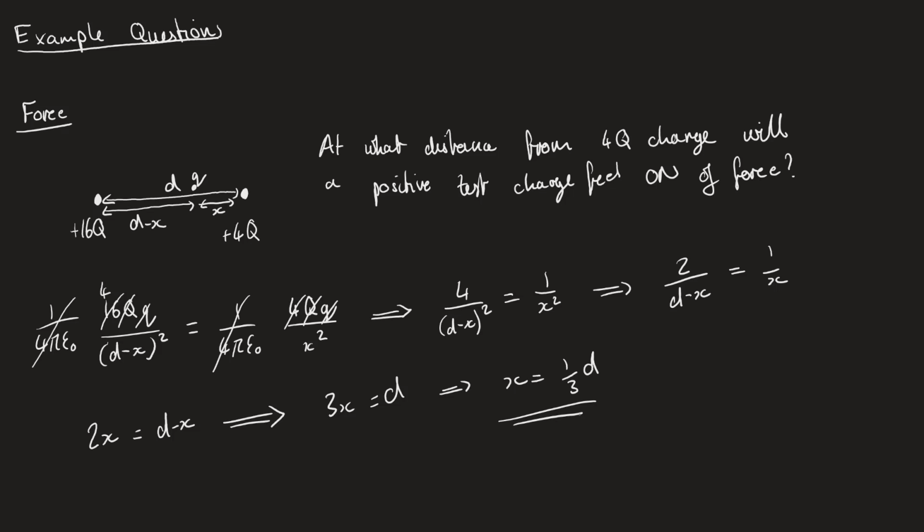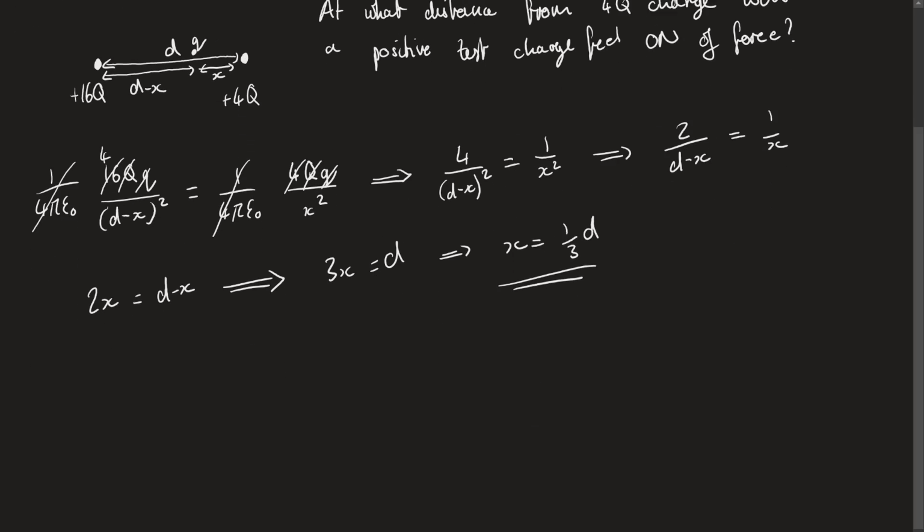The trick with this though is they have to be like charges. It's not possible to do when they're oppositely charged, because if I put a positive test charge in here, it's going to be repelled from one side and attracted to the other side, so it's only ever going to go towards that one side. You won't find a position in the middle where the force is 0.